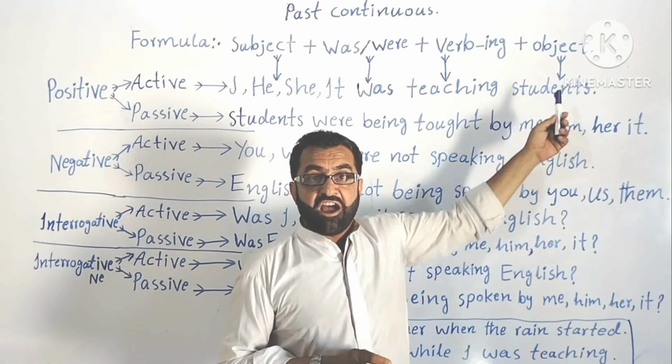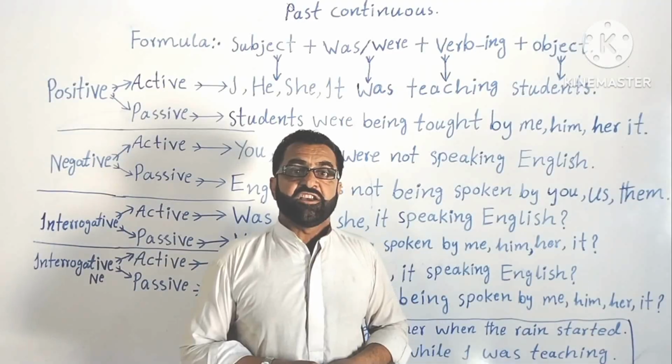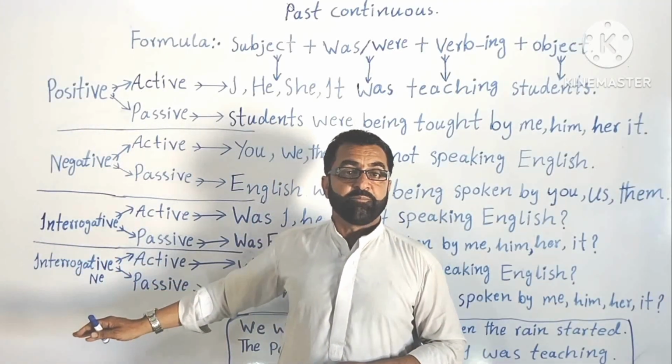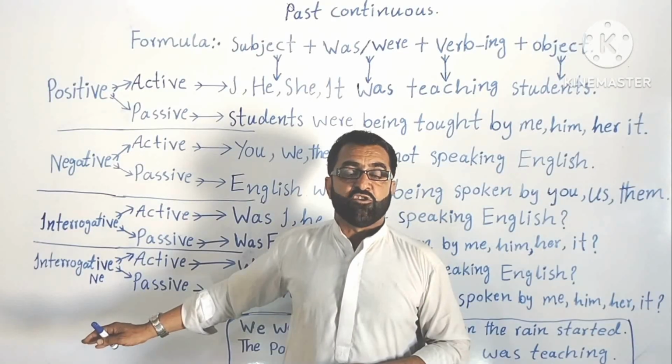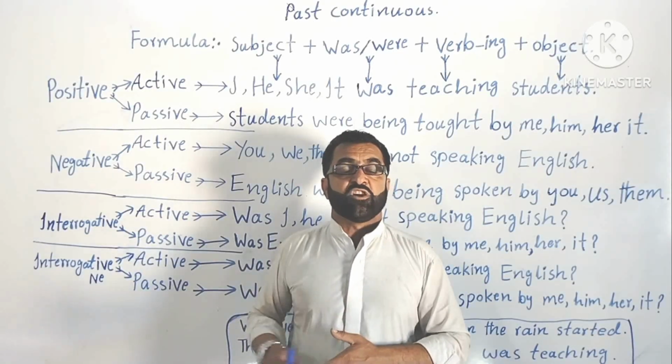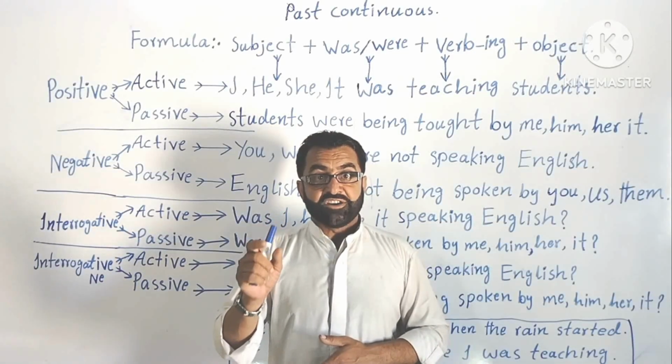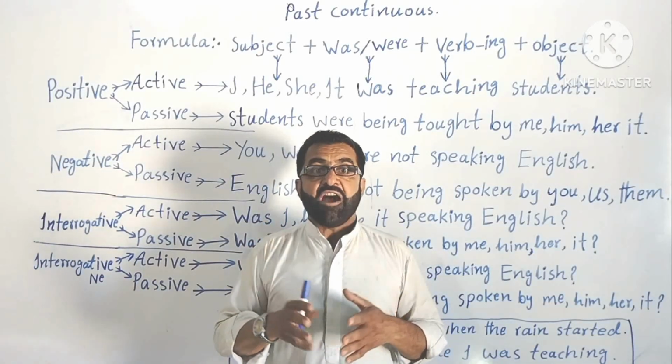When these all five words are the objects of the active voice, all these words will come at the beginning of the passive voice as the subject of the passive voice. Understood? Not only one word, two words, three words, even can be five words.